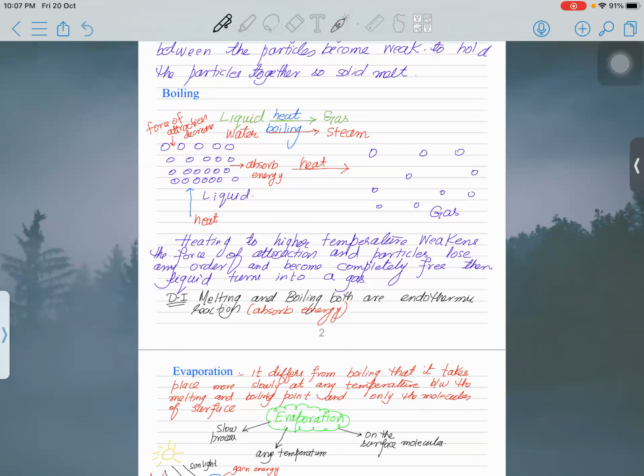For example, water boils only at 100 degrees, but it can evaporate at any temperature between the melting and boiling point. Also, evaporation only happens on the surface, but boiling happens throughout the liquid.